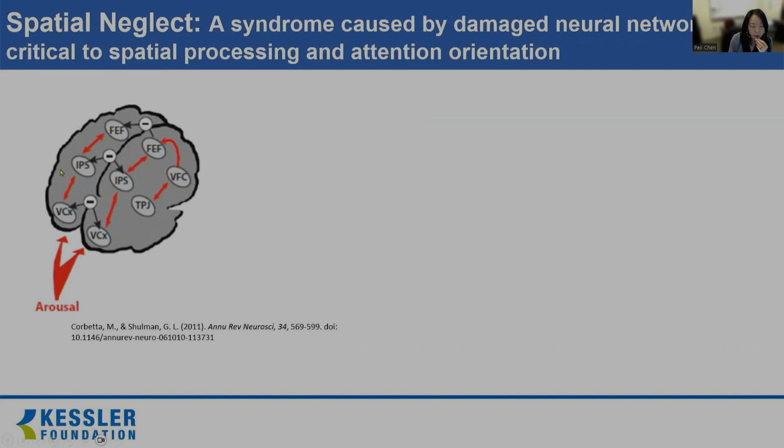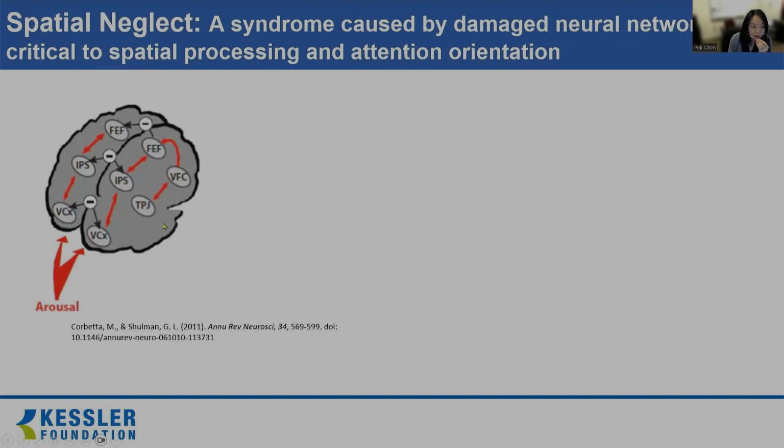This cartoon represents the left and the right hemisphere of our brain. For information coming in, visual information comes in through the visual cortex and goes to the parietal and frontal lobes, and to the temporal lobes. The idea about the mechanism of spatial attention or spatial neglect is that each hemisphere is paying attention to and processing information from the contralateral side of space in the external world.